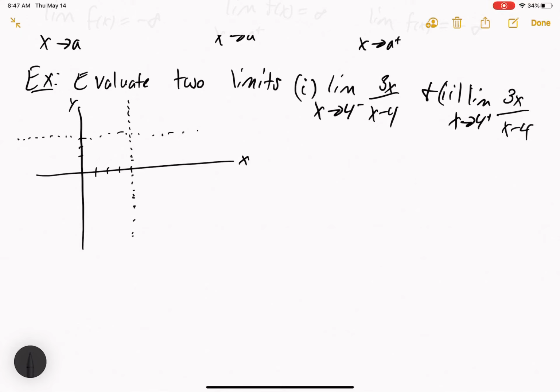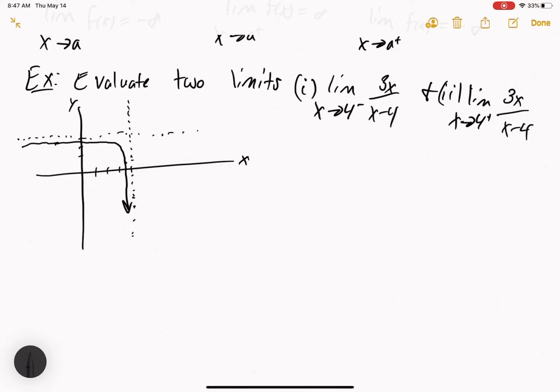So if we approach from values that are less than 4, the function is going to be negative because we're plugging in 3.9, and this part right here will be negative. And then as we approach 4, we're still approaching values from the left of 4, and we're going to be dividing by a small number that gets much, much smaller. And that means that the function, as we divide by smaller numbers, is going to go to infinity.